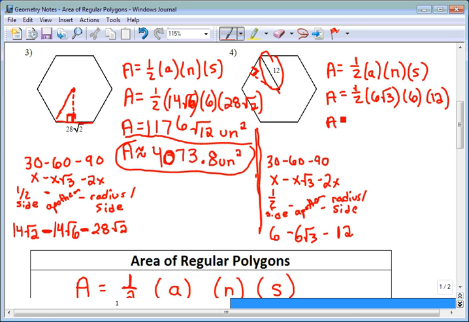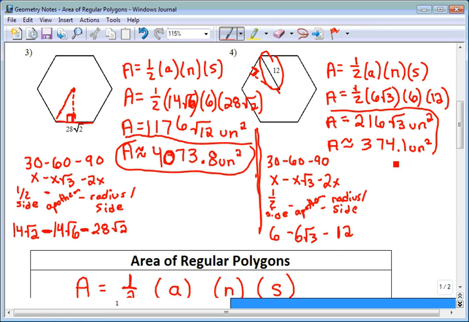So I punch this in my calculator, and I receive 216 radical 3 units squared, which is approximately 374.1 units squared.